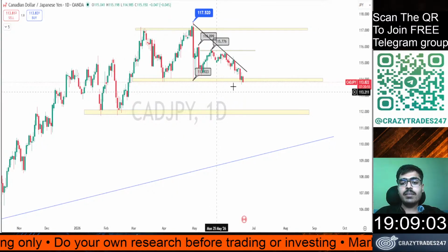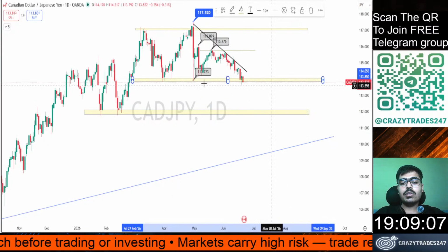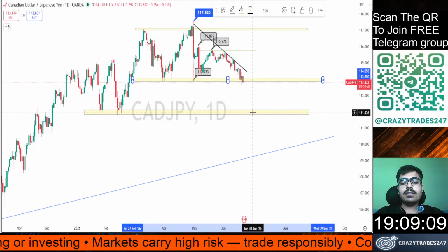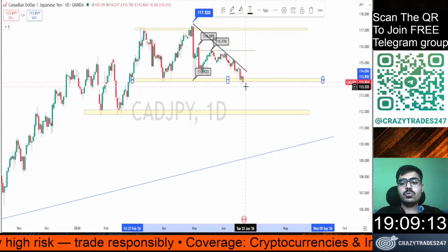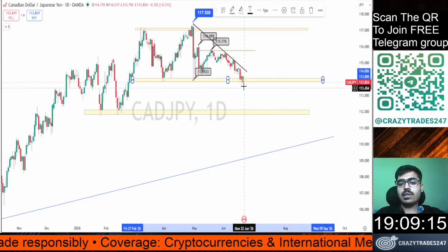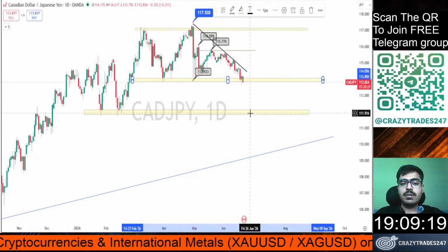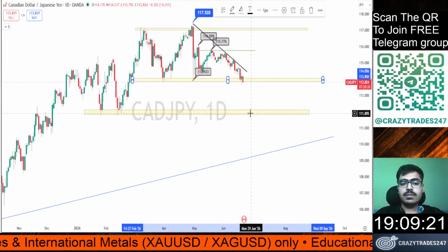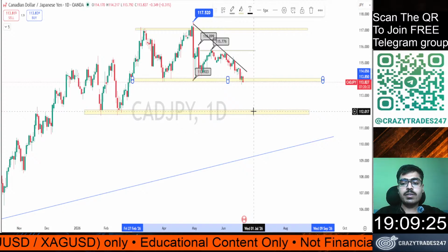On daily time frame, if this support is broken, next support is at 111, like a 200 pip down move here to capture, but price will bounce back only if it touches this level of 112.